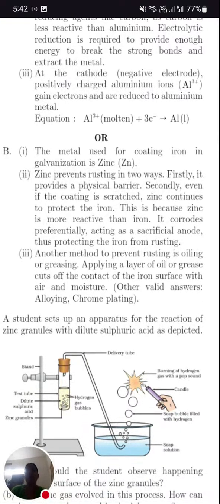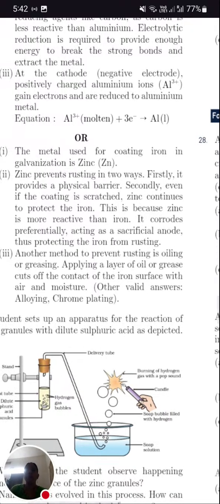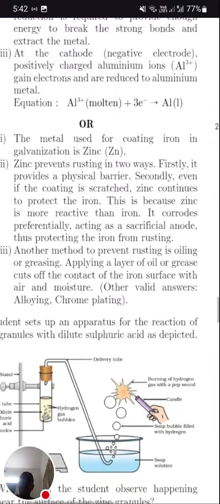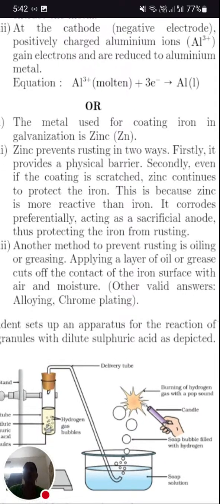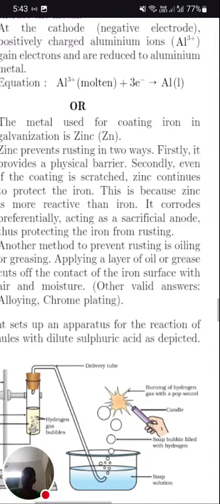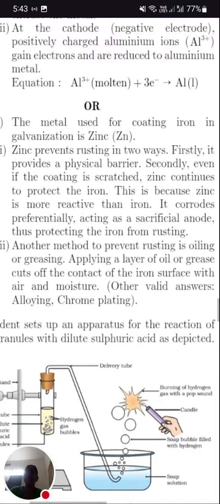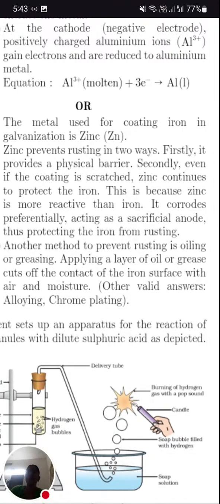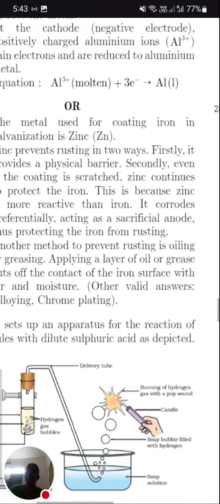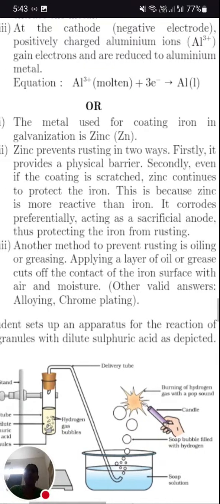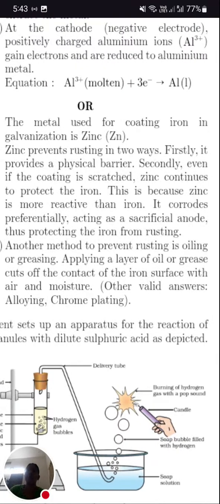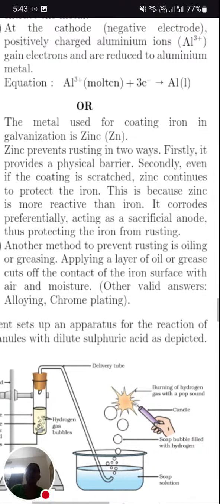Zinc prevents rusting in 2 ways. First, it provides a physical barrier, which means it does not let the iron come in contact with moisture. Secondly, even if the coating is scratched or removed, zinc continues to protect the iron.